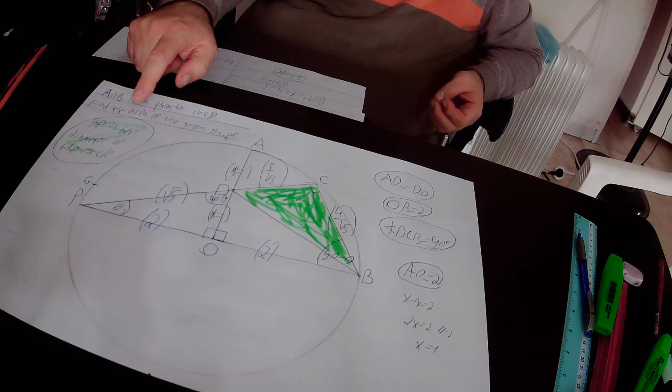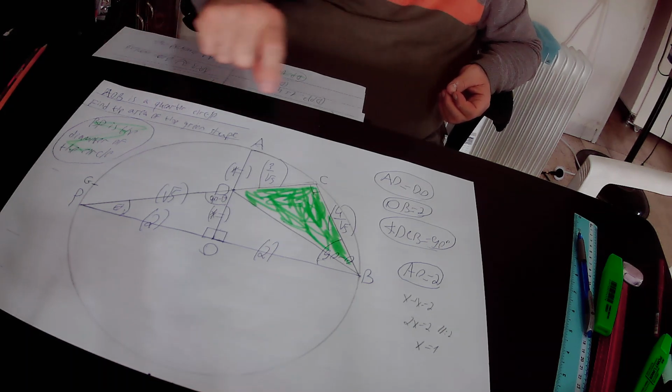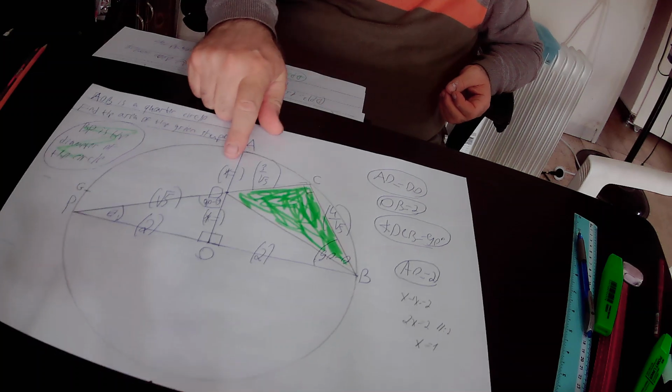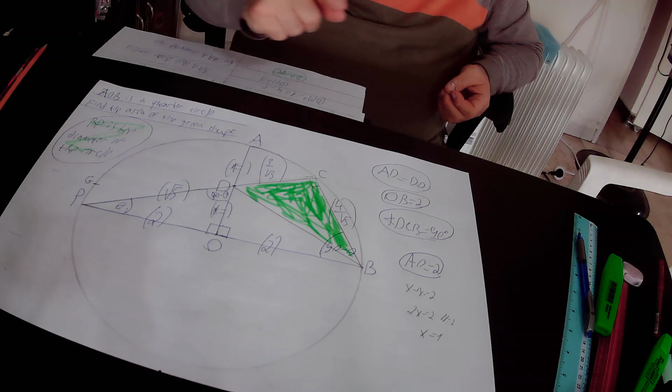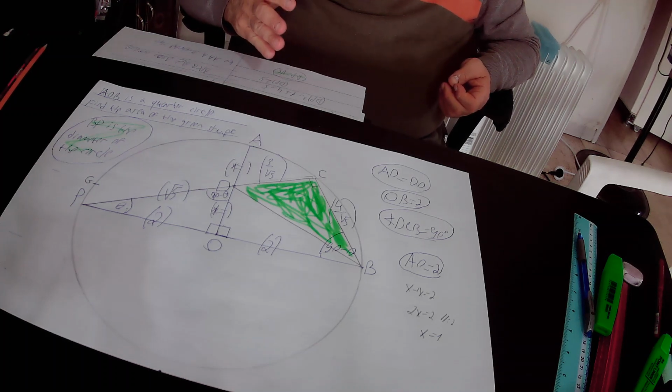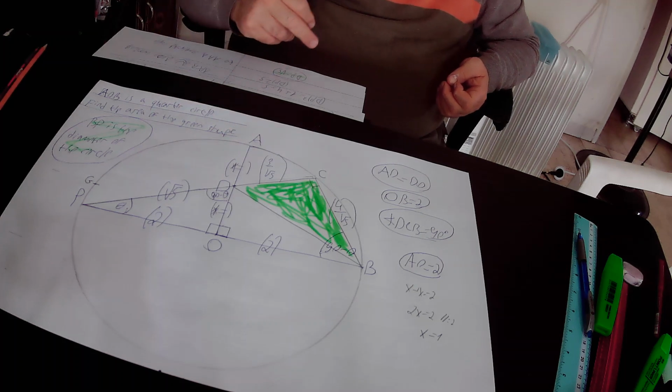In the next step, we did a construction. That is to say, we extended side CD by a straight line until it touches the circle. The question is, where will the extended side CD touch the circle?